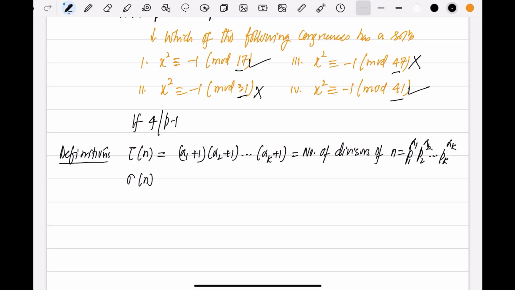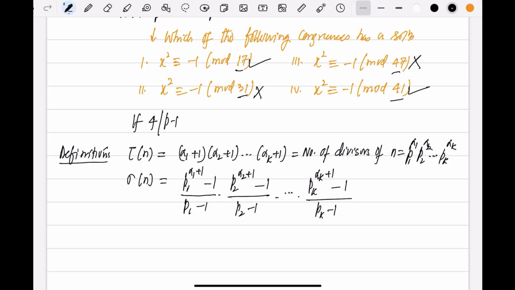So if we have an integer n that has this canonical form, then the number of divisors is given by this formula, and the sum of divisors is given in this way. Sigma(n) is equal to (p_1^(alpha_1 + 1) - 1) divided by (p_1 - 1), multiplied by (p_2^(alpha_2 + 1) - 1) divided by (p_2 - 1), and so on, the product up to (p_k^(alpha_k + 1) - 1) divided by (p_k - 1).